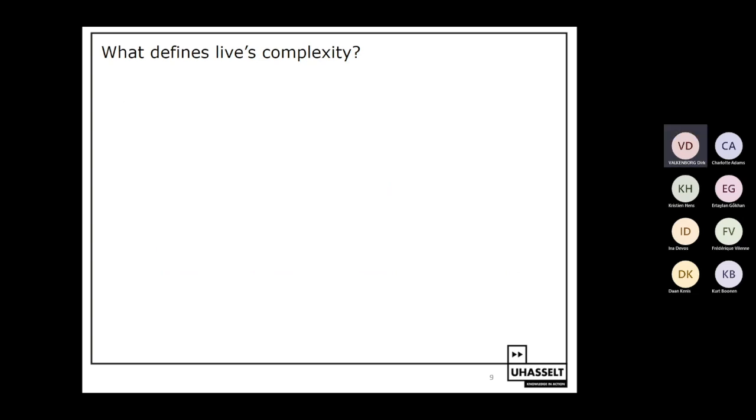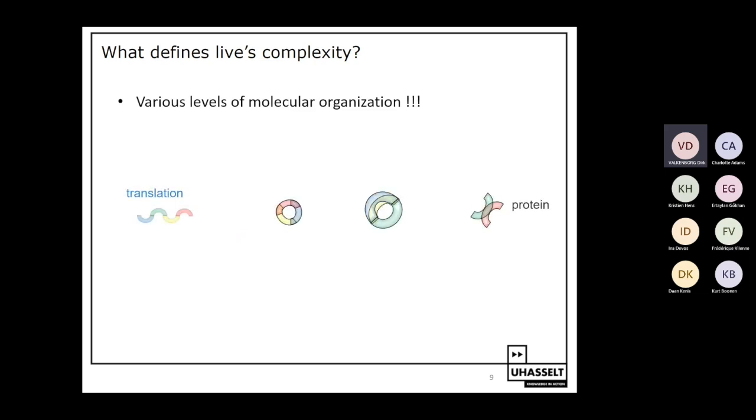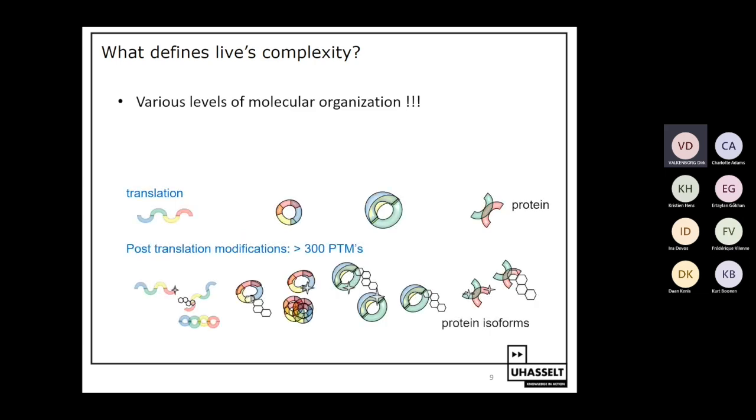I think the next level is where we translate the mRNA molecule into a linear protein. That's a straightforward process because an mRNA codon translates for one of our 20 amino acids, and we obtain a linear sequence of amino acids, and then some magic will happen, and life is self-assembling.